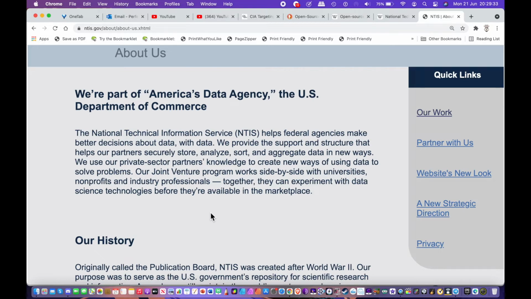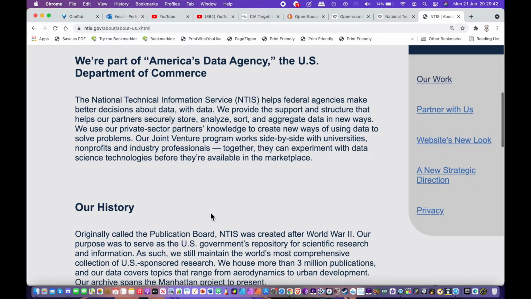We use our private sector partners' knowledge to create new ways of using data to solve problems. Our joint venture program works side by side with universities, non-profits, and industry professionals. Together, they can experiment with data science technologies before they're available in the marketplace.